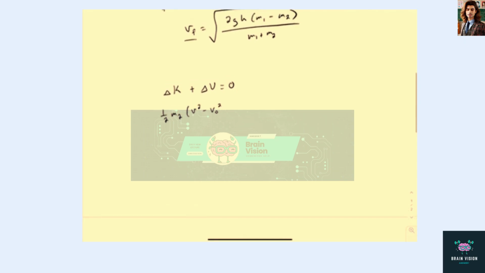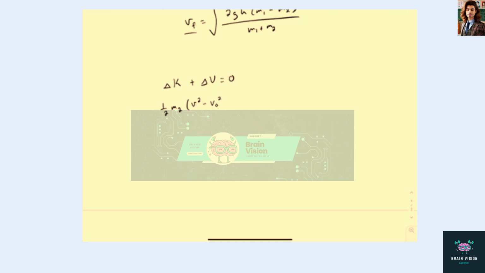So this is going to be a little confusing notation, but the V initial is actually V sub F. And then this is plus M2 times G times, say, maximum height, so H max, minus H initial.